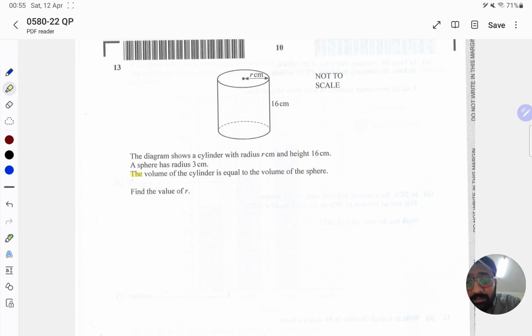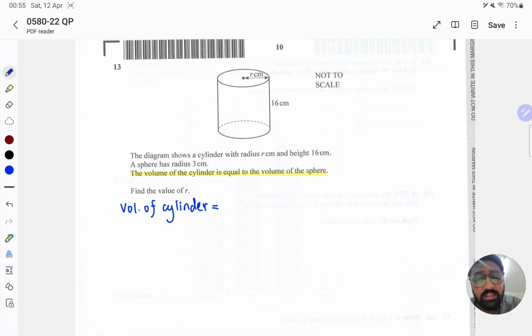So basically this line is a key line for solving this question. Let me write it down over here in mathematical terms. Volume of cylinder equals the volume of sphere. Now we just need to plug in the formulas over here.